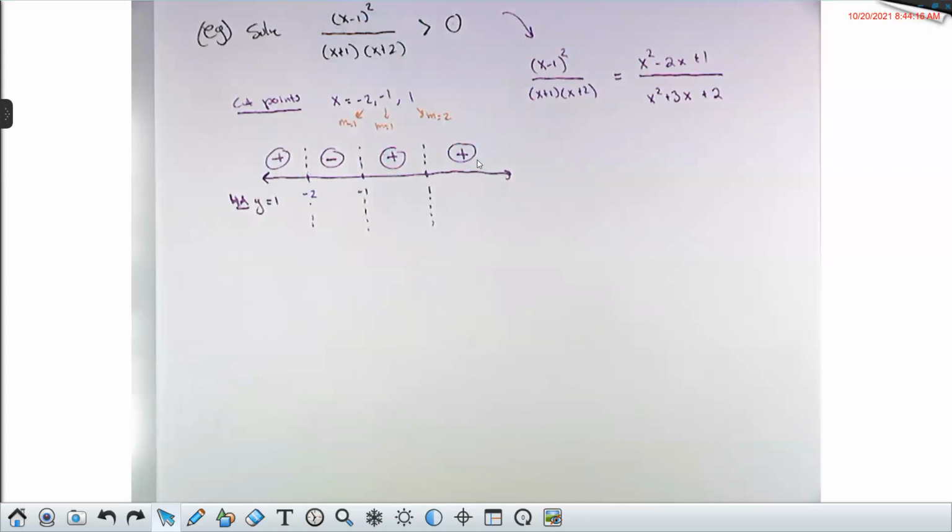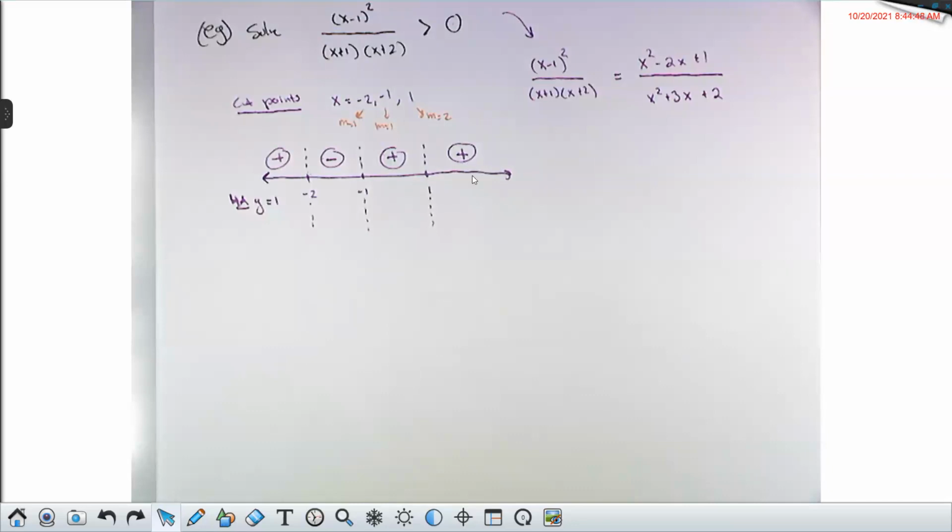If we had another number outside of that one, would the next one be negative still? Another number, what do we mean exactly? Like if we kept going positive on the number line, if we had a 2 after that as another cut point, would it continue to flip-flop again? Would it be negative for the next one? And it's only positive there because of the numerator. It depends on the multiplicity.